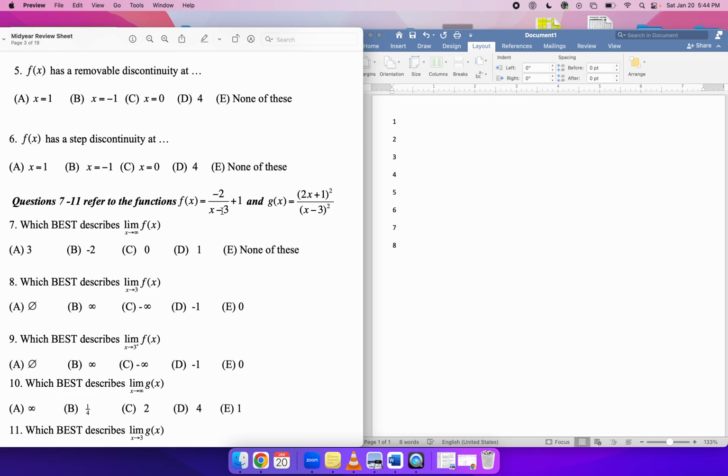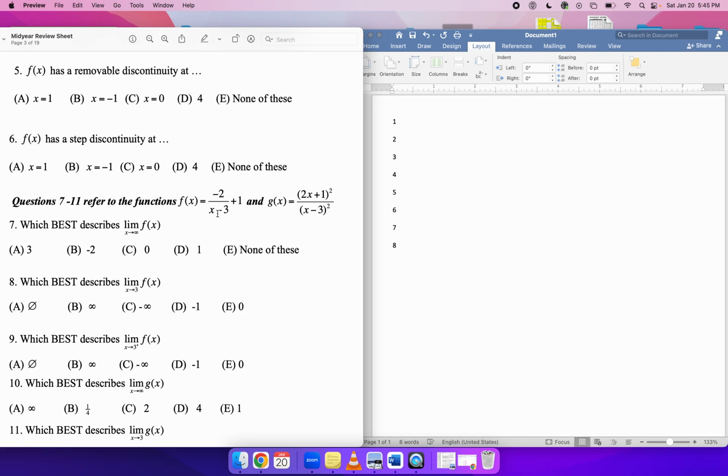None. Because the value of the fraction is approaching infinity. That means as x gets closer to 3 from the left, like 2.9, 2.99, this fraction is getting really, really big in value. A million, a billion, a trillion. The plus 1 makes no difference, okay? So I would say as you approach 3 from the left, the function's going to positive infinity.